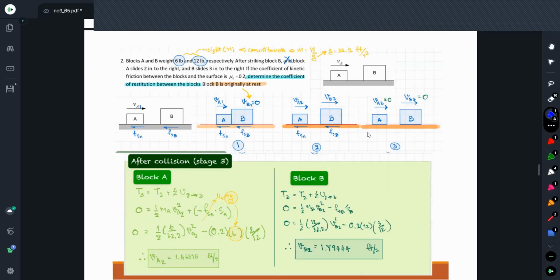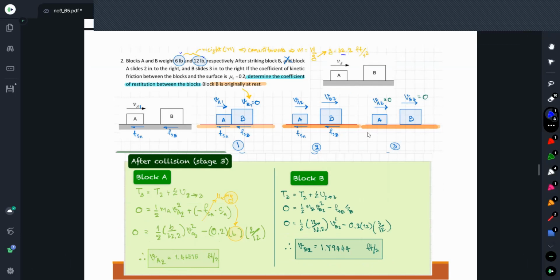So we start with the states of our problem. We know that the weight of block A is equal to 6 pounds and the weight of block B is equal to 12 pounds. If we would like to find mass, we divide by 32.2 foot per second squared.